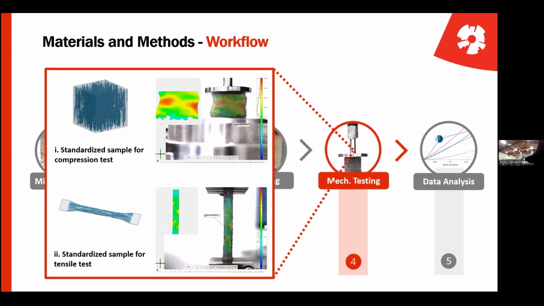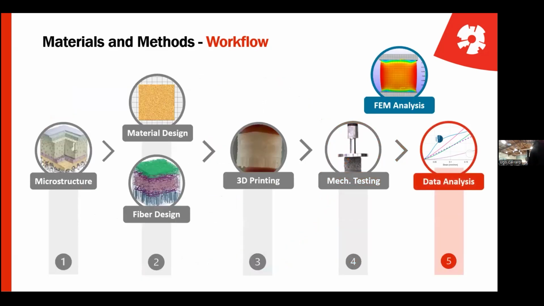For example, digital image correlation helped us retrieve additional information from just a single test, such as the lateral expansion or shrinking of the samples.